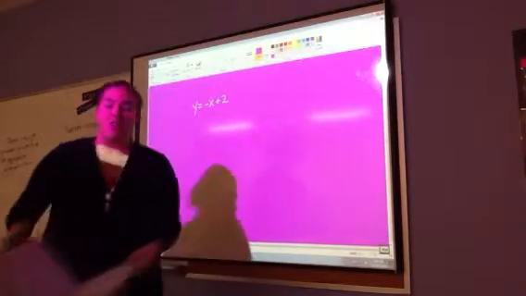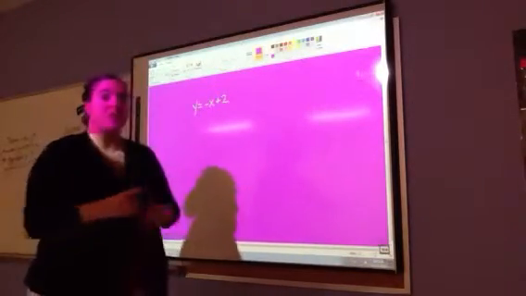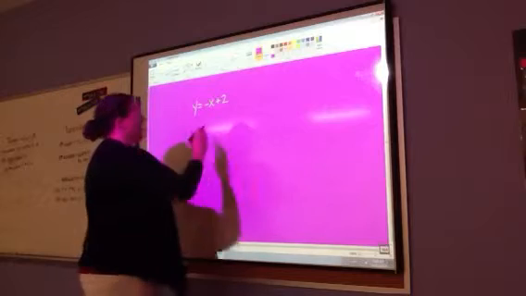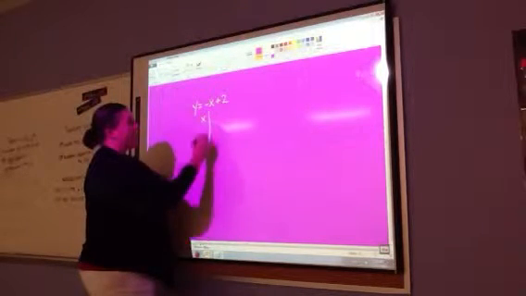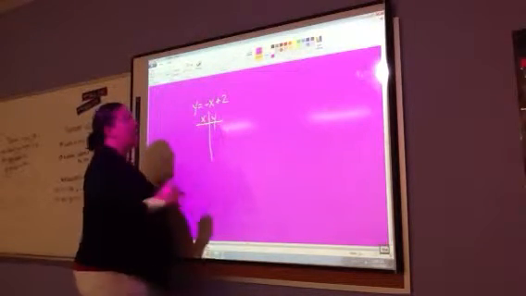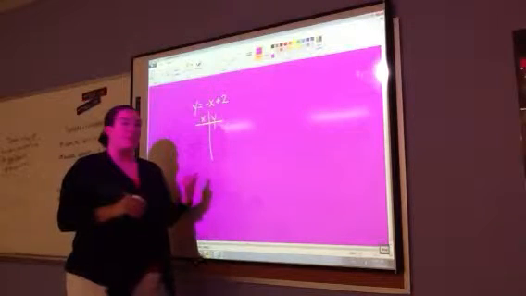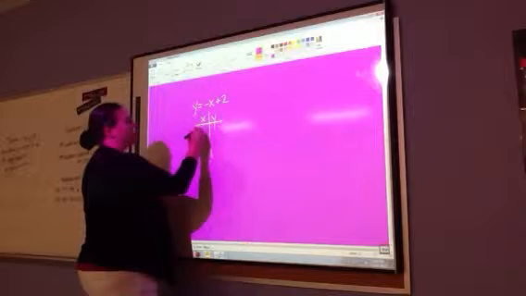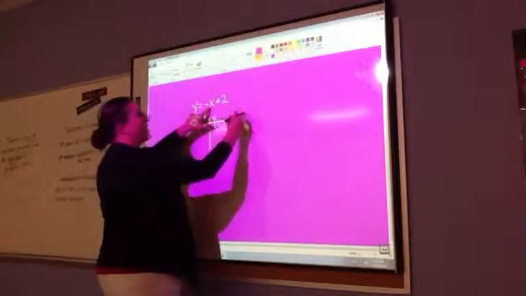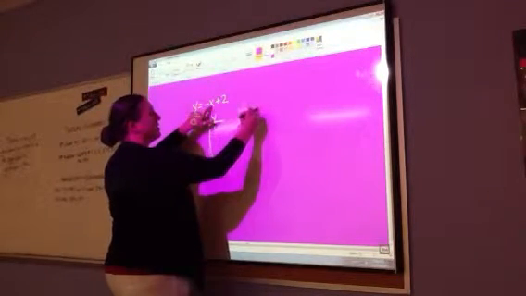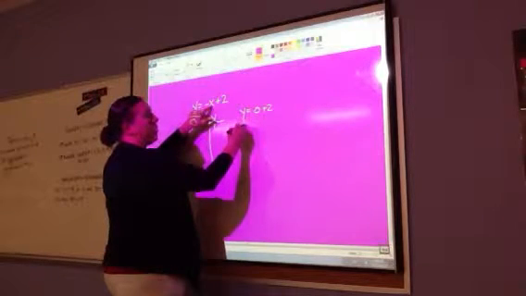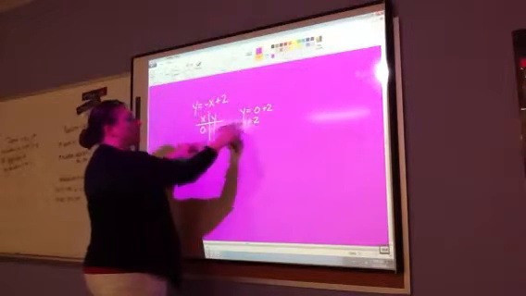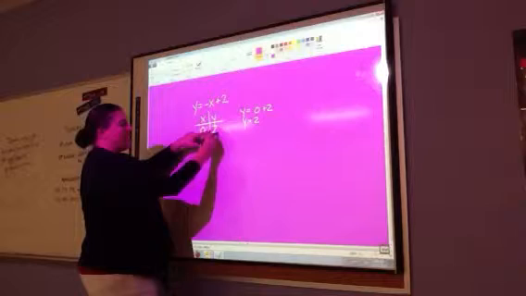If you were asked to graph this on the test, this is where you get to choose values. So you can do your x and y chart like normal, and you get to choose what you want to put in for x. Because I think it's easiest, I always like to start with 0 and put 0 in for x. So if I put 0 in for x, this becomes y equals 0 plus 2, and y would equal 2. So that means my y value here is 2.